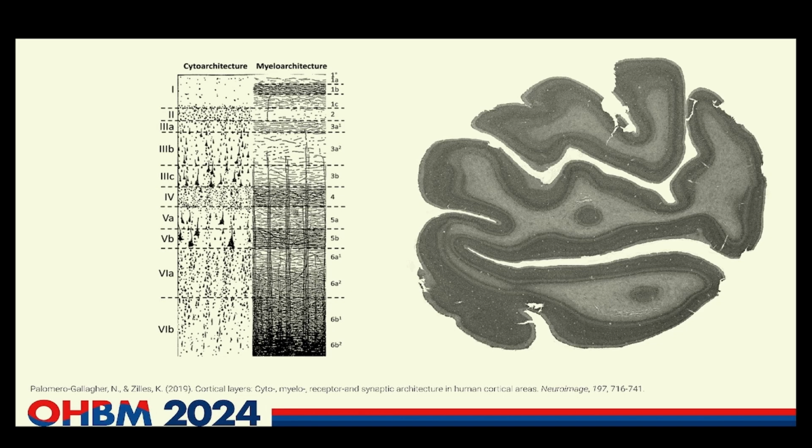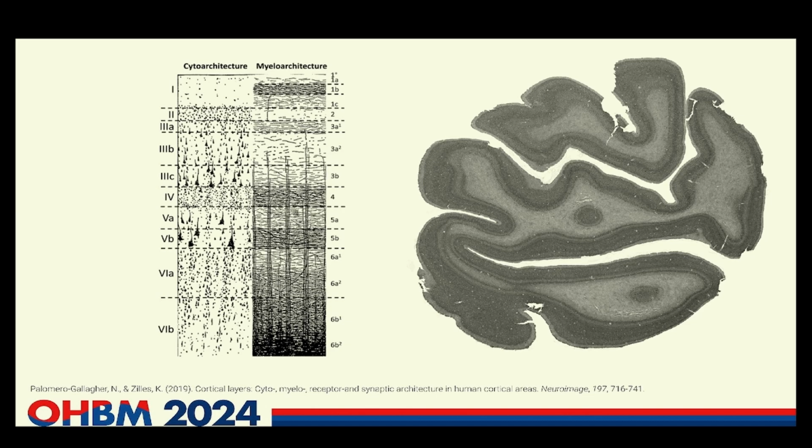First is cytoarchitecture. So how are the neuronal cell bodies organized? What is their density like across the 6 different layers? The next is myeloarchitecture, and that is how the axonal fibers are oriented, how densely they're packed in the different cortical layers. So this is just a very generalized representation of these 6 different layers and their cyto and myeloarchitecture.